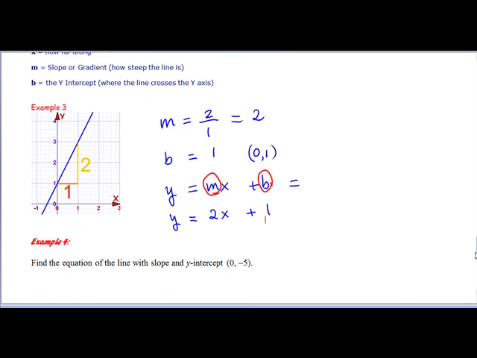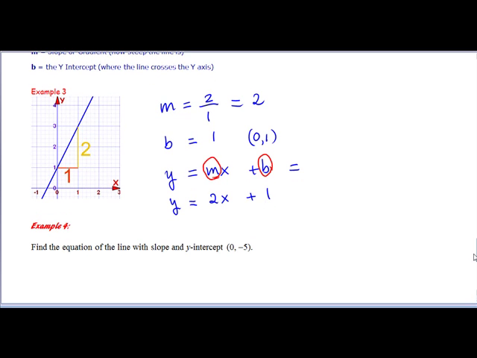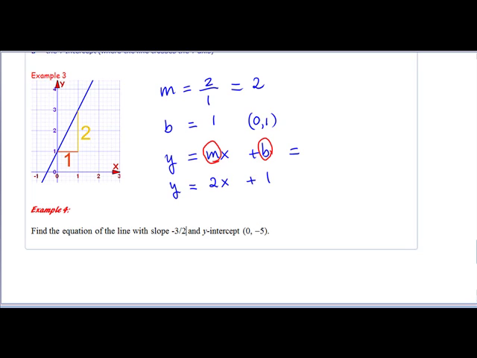Let's try another example. This one here, we're looking for the equation of the line. I'm missing the slope, so I just have to fill in the slope. To find the equation of the line with a slope of -3/2 and a y-intercept of -5, here is the slope-intercept form.